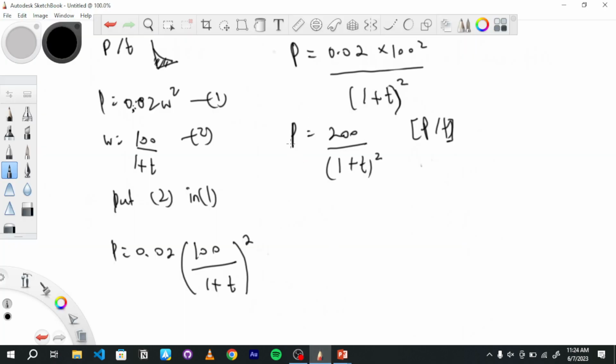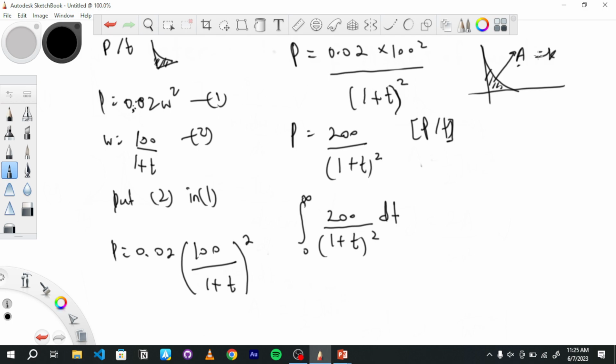So the area under a function is the integral, right? So I'm having this function here and I'm supposed to integrate it. So the integral of P from 0 to infinity, and P is what? P is 200 over 1 plus t all squared. The integral of this, which gives us the area under this curve, should be equal to kinetic energy.